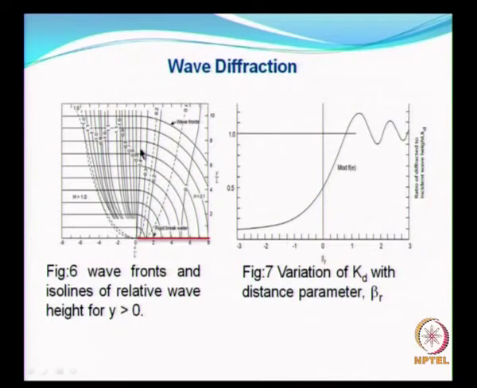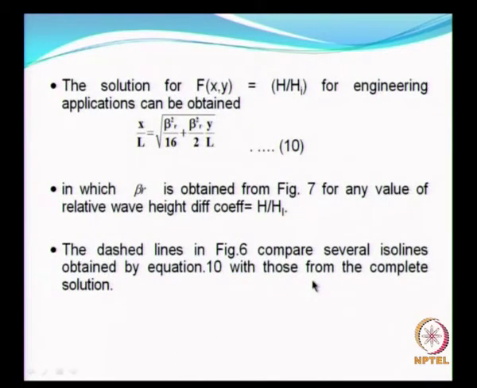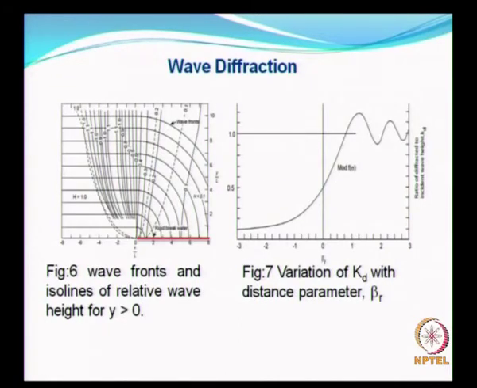These are all the isolines of relative wave height, which is nothing but the diffraction coefficient. Earlier we were mentioning the distance parameter beta r, which can be obtained using this result. In figure 6, again in the next slide, the dashed lines compare several isolines as obtained from equation 10. These are the dashed lines which I am trying to show.